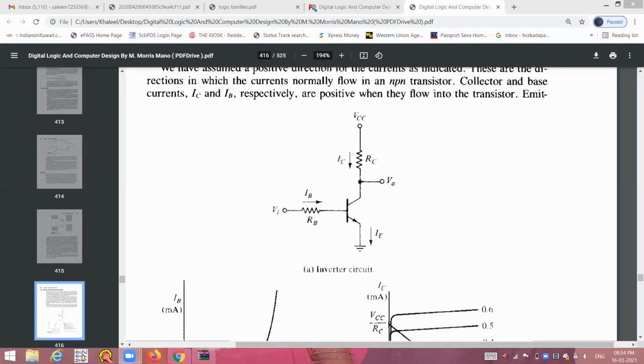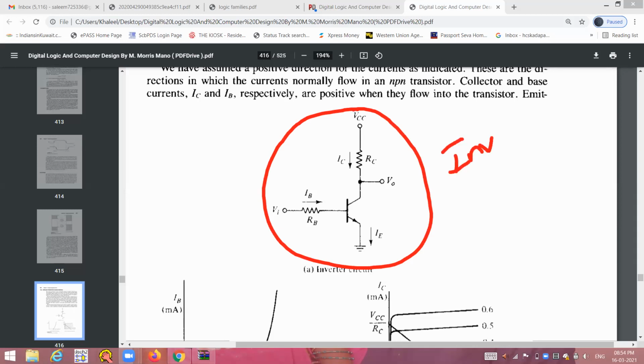Before going to discuss about resistor transistor logic, if you observe this circuit, this is the basic circuit I'm going to use, which is an inverter. If the Vin is 0, then this NPN transistor will be in the cutoff region, that means it is in the off position, then the output is equal to high, that means 1.